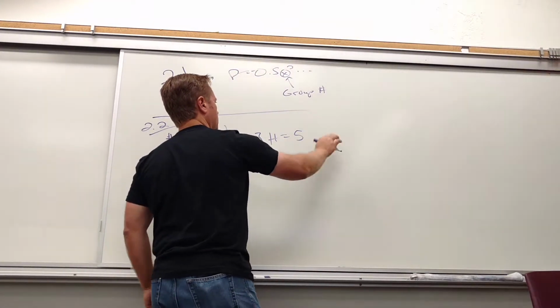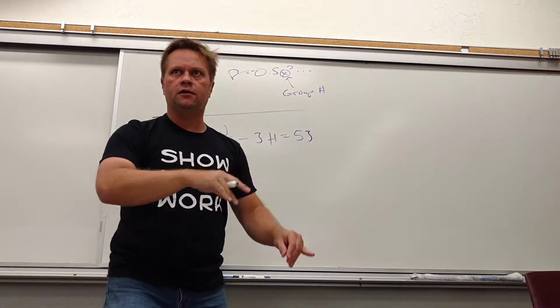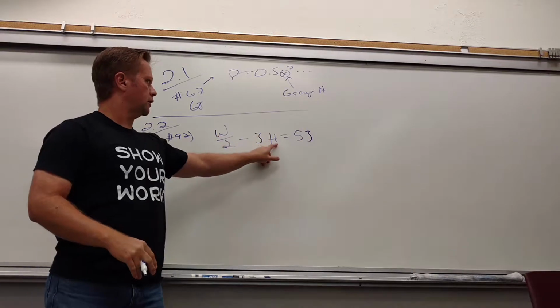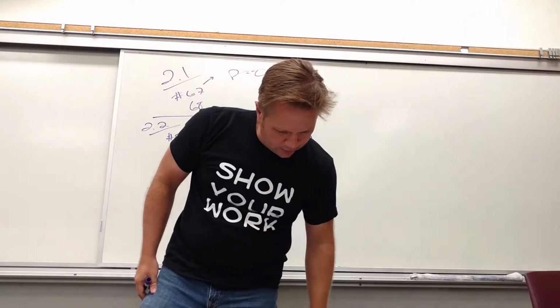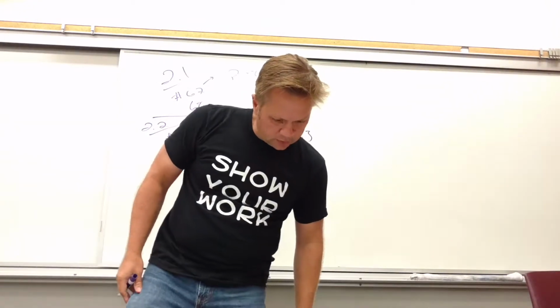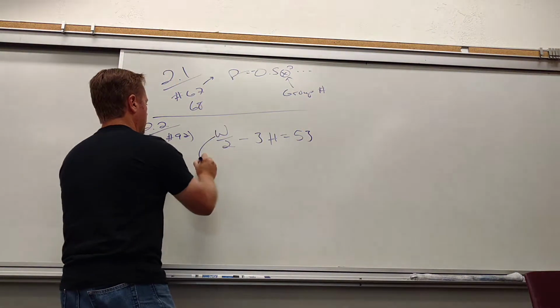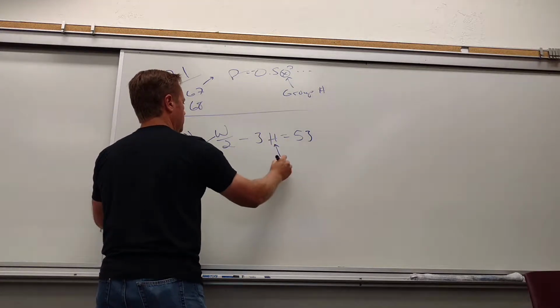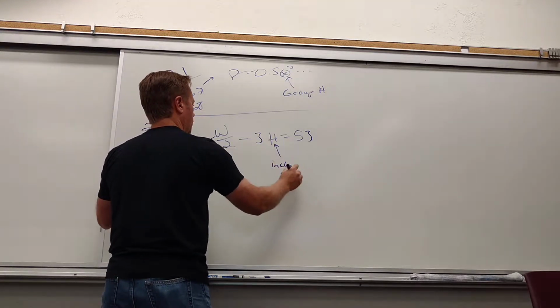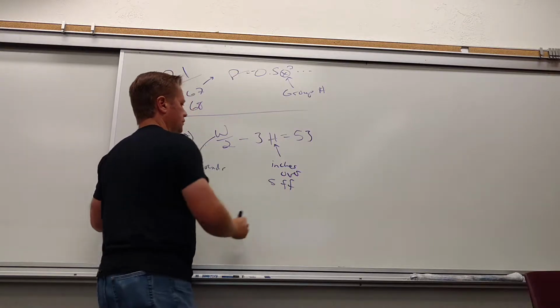This would be the healthy weight, and this would be your height. W is in pounds, and H is height in inches over 5 feet.